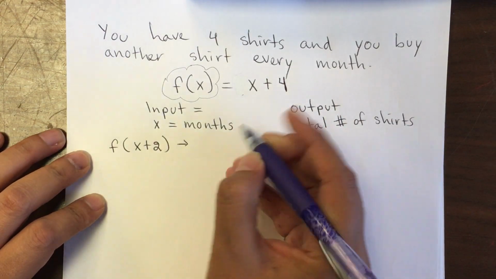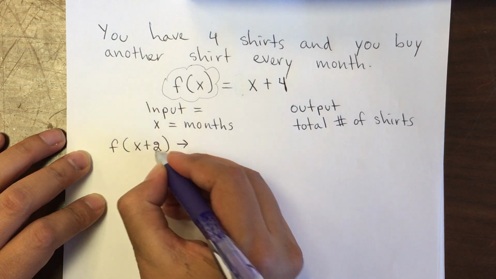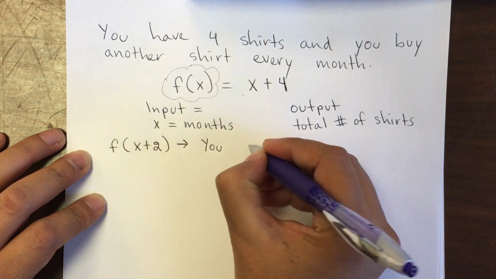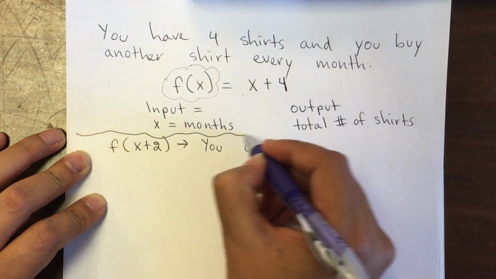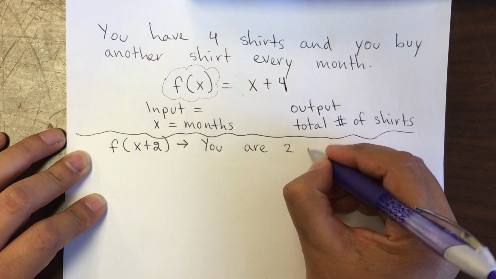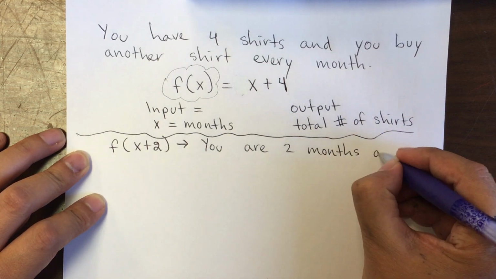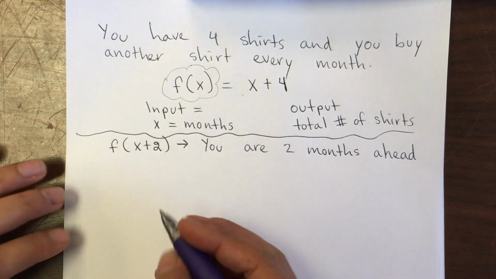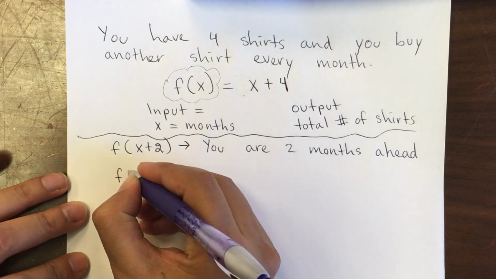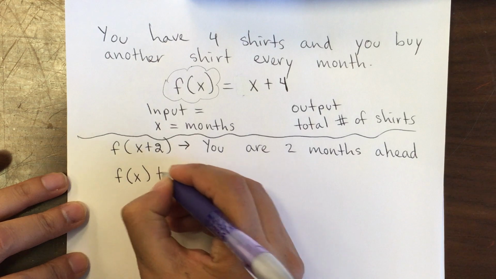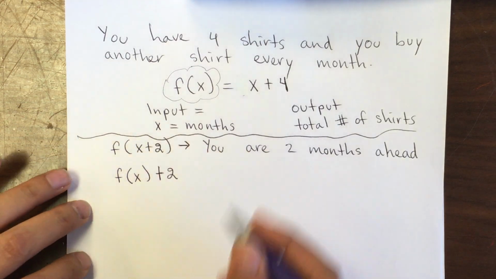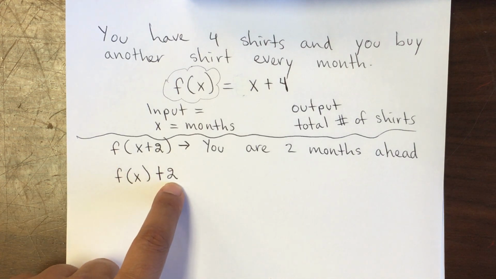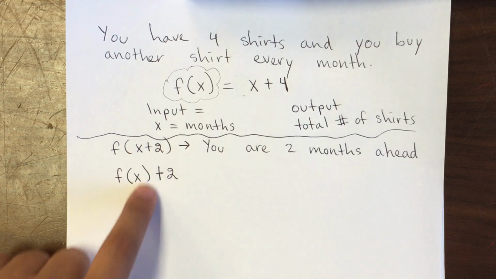Okay, so let me write that down. When you have f of x plus 2, you're adding 2 to the months, so you are 2 months ahead. And if you have f of x plus 2, when you're adding 2 to the whole function, that means that you're adding 2 extra shirts to the total number of shirts.